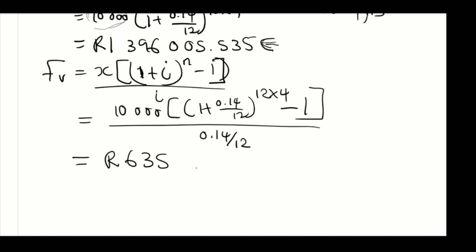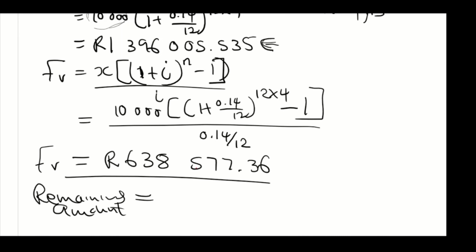Now the remaining amount, so this is the money in the account. So you're going to say the total amount that was withdrawn in 4 years minus the total amount invested.